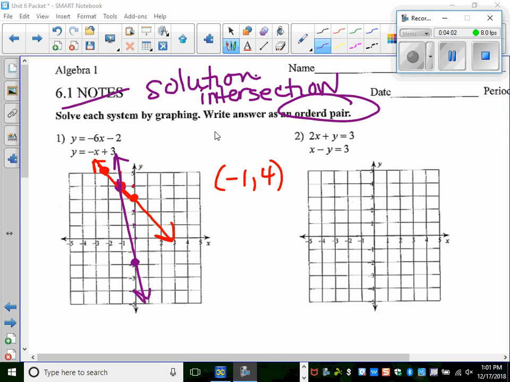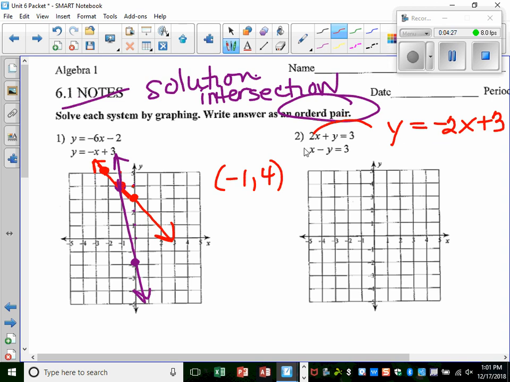All right, let's look at question number 2. Now we're going to solve for y because it has to be in slope-intercept form in order to graph it. So I'm simply going to move this to the other side. That's going to be y equals -2x plus 3.